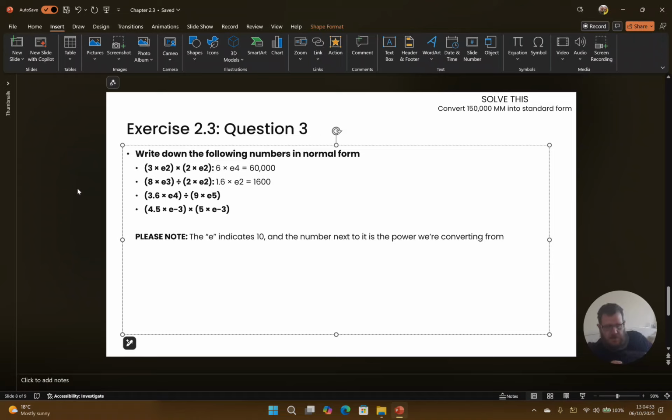Just so I don't accidentally lead you down the wrong path, as I have done already. Which I have done. Because 8 divided by 2, because you have to divide them, not multiply them like I did there.